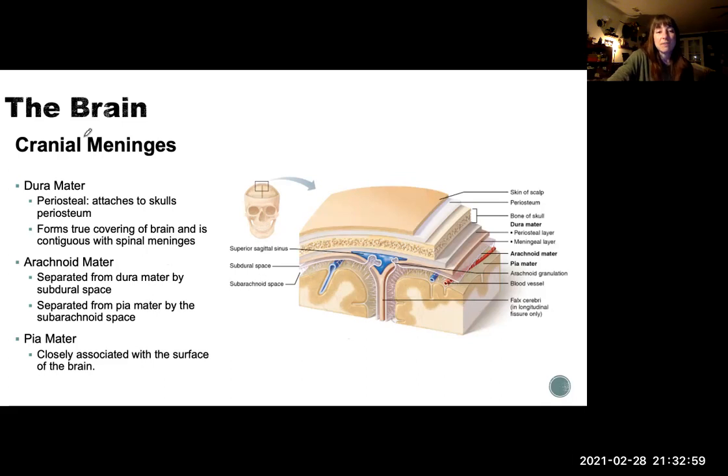And again, all of these meninges cover the brain, but they are actually continuous down the spinal cord. So these connective tissue membranes enclose the entire central nervous system and the cerebrospinal fluid that bathes it and protects it. Right, very, very important.